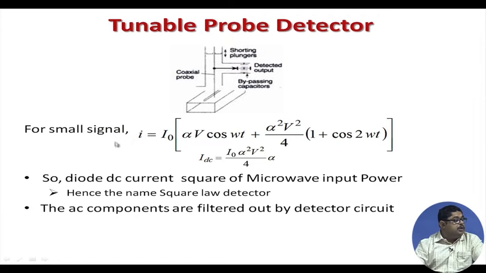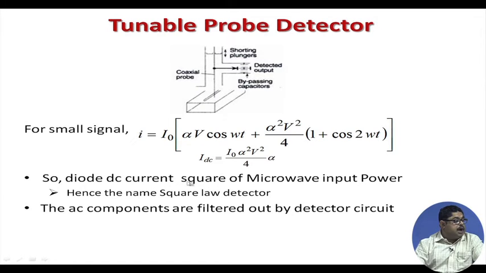Now, for small AC signal, we know that I is equal to I naught times this, but there are also higher order terms, because the diode is basically a nonlinear thing. So, if your signal is V cos omega t, you can put it into this series, taking some higher order terms, and from there I can see that the DC signal that the diode senses is proportional to V square.